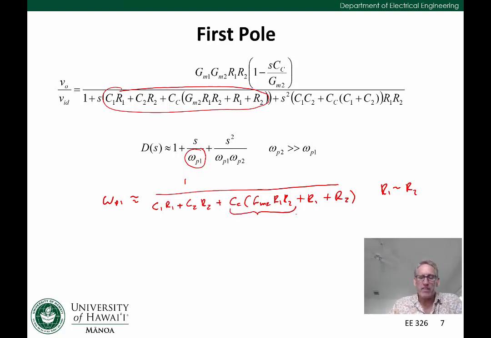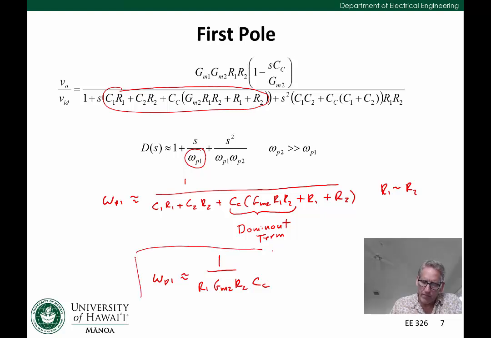So let's assume that's a dominant term because of the product of R1 and R2. Now we can approximate omega p1 as approximately equal to 1 over R1 GM2 R2 CC. So that's our approximation for omega p1.